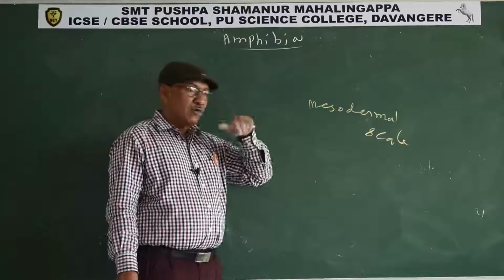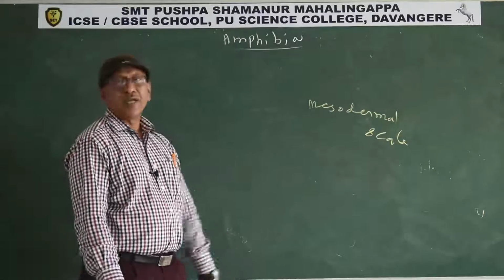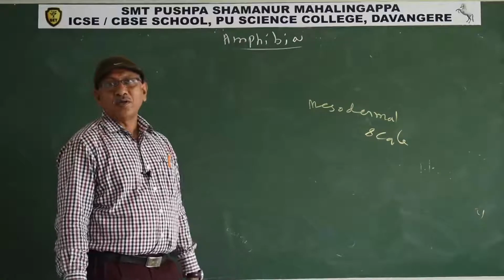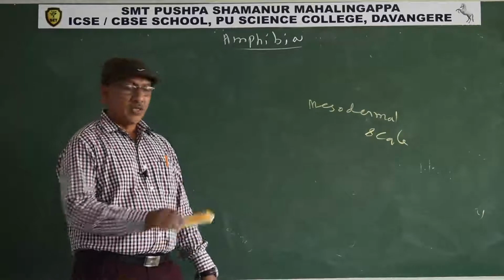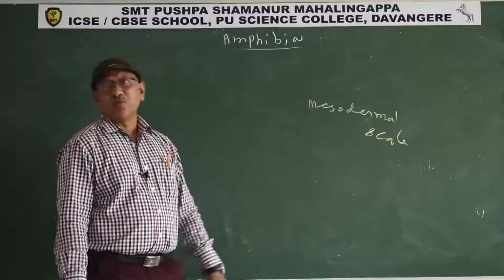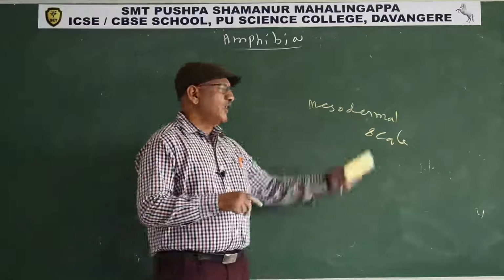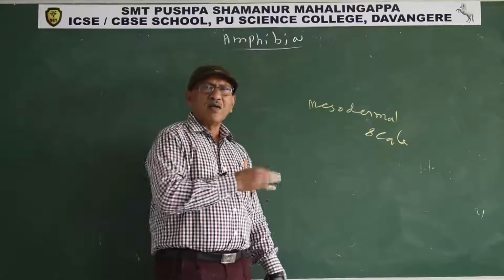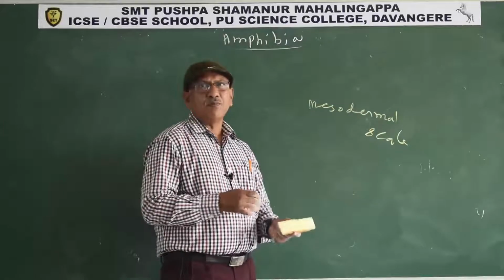In reptiles, aves and mammals, the exoskeleton is developed from ectoderm, or you may say epidermal scales. Epidermis is developed from ectoderm. Dermis is developed from mesoderm. So, in Pisces and amphibia, exoskeleton is mesodermal scales of dermal origin. Dermis is formed from the mesoderm.